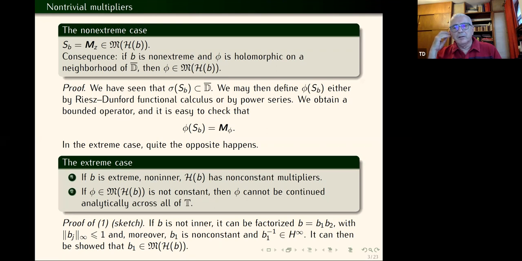Yes, I think this is a result in the paper of Lotto and Sarason. They have an example where they prove that the intersection of H(B) with H infinity is not an algebra, so it cannot be the multiplier set.